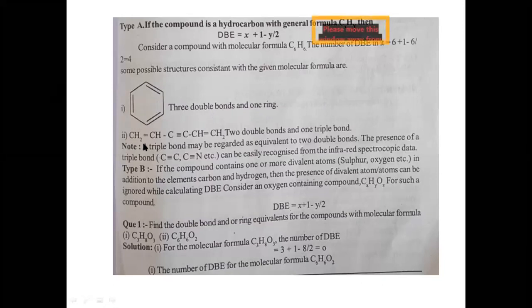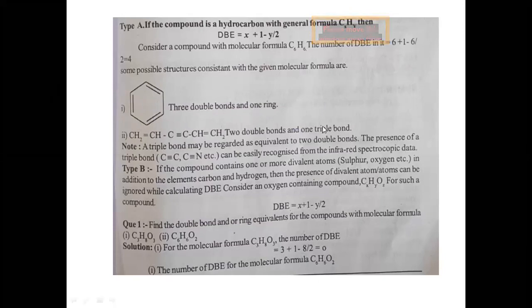The next arrangement is 2 double bonds and 1 triple bond. If it is aliphatic, then such type of arrangement may be possible. 2 double bonds are 2 unsaturations, 1 triple bond is equal to 2 unsaturations.